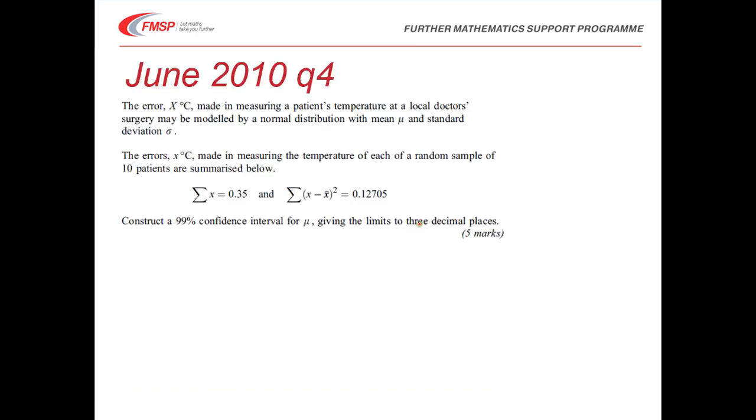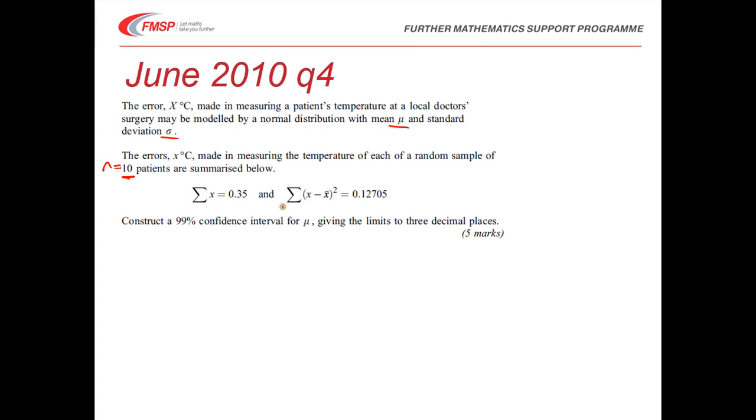So here we go. The error x made in measuring a patient's temperature at a local doctor's may be modelled with the normal distribution, with a mean and a standard deviation of sigma. The errors x degrees Celsius made in measuring the temperatures of 10 patients, so there's my value of n, are given below.